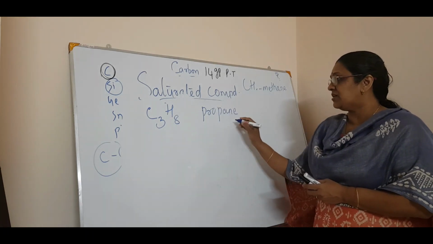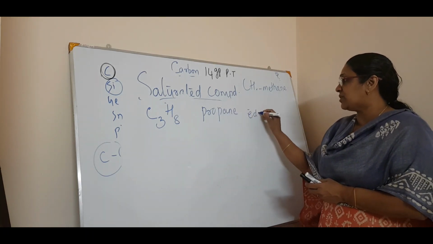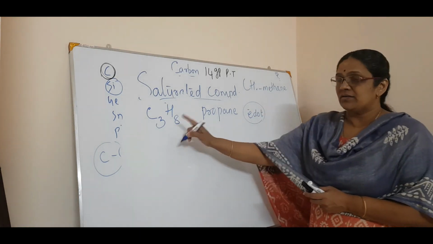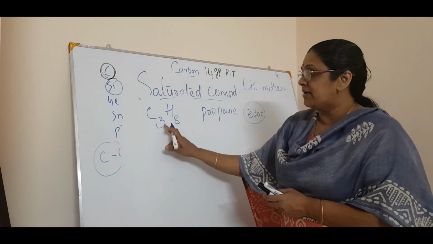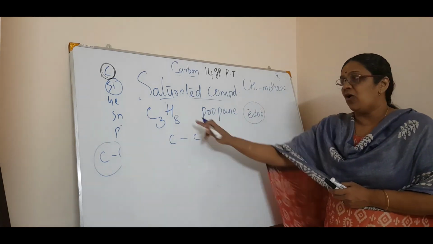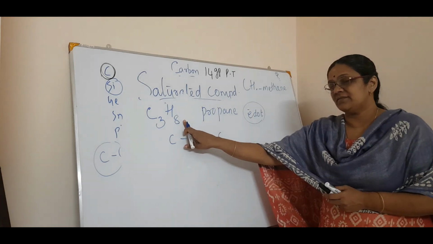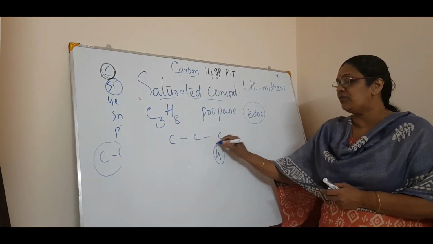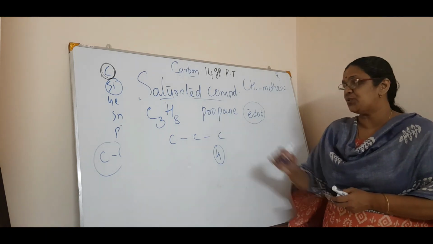First draw the structure, then the electron dot structure also. Just see whether you can draw it. Now I will give a hint. 3 carbon atoms, so you have to put 3 carbon atoms. How many hydrogen atoms? 8. So you put them in such a way that each carbon has a valency of 4. So just do it. Okay.